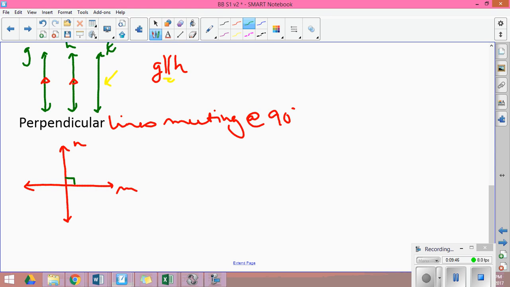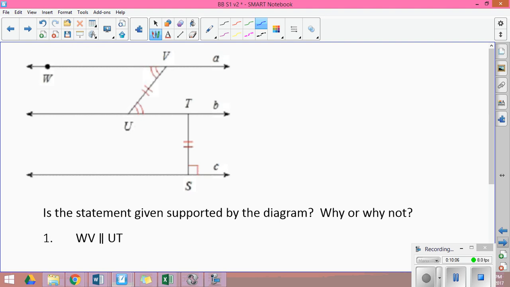So then what I can write is that N is perpendicular to M. So you should be very comfortable moving from the word sentence to the picture or the picture back to the word sentence. So that's how we talk about notation.